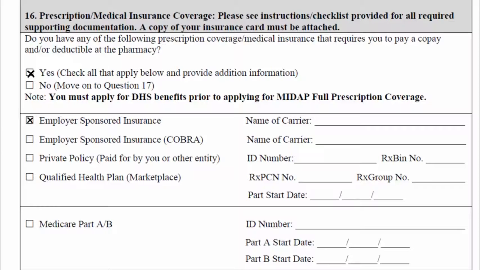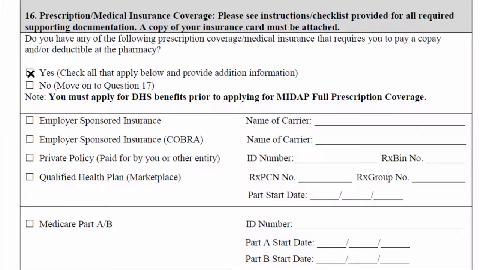Then where it says name of carrier, you would write down Blue Cross Blue Shield. Next, you would write down the ID number, the RX bin number, the RX PCN number, and the RX group number in the blank spaces provided. All of this information can be found on your insurance card.